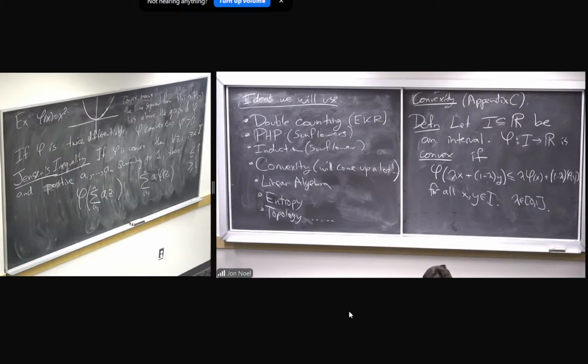Actually, if you want to know the answer, think about the case n equals 2 and look at the definition of convexity. It's got to be thumbs up, I think, right? Because in the case n equals 2, z1 is x, z2 is y, a1 is lambda, a2 is 1 minus lambda. It's got to go this way, right?